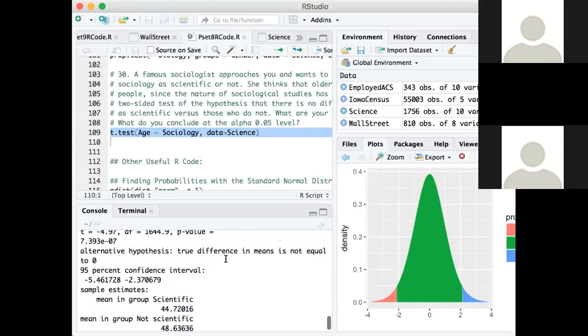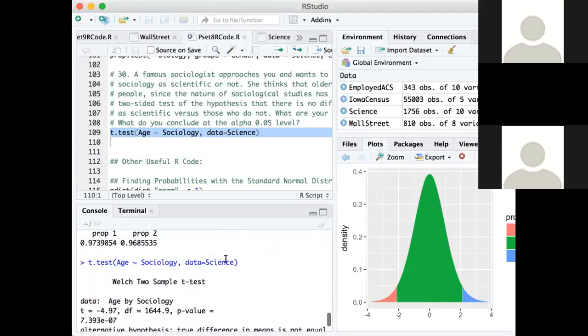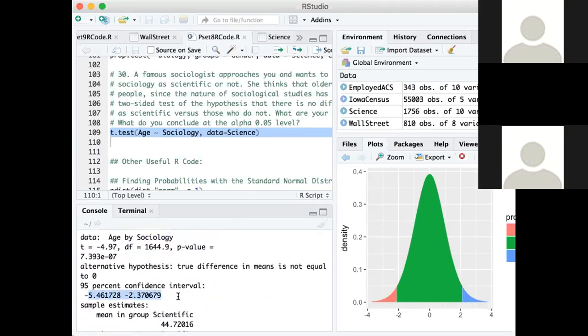And the 95% confidence interval we can see here is between -5.46 to -2.37 for the t-score.